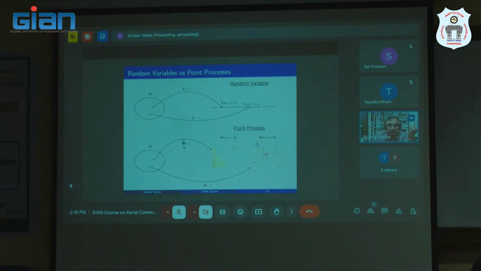And phi of a particular outcome will result in a point pattern. For example, omega 1, let us say, picks up Cupertino, omega 1 picked up small phi, which is this point pattern. Omega 2 picked up this particular point pattern. So these are two realizations of a point process, just like these are two realizations of a random variable. Is this making sense?